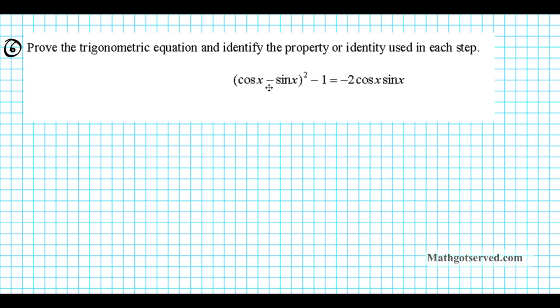So we can express it as cosine x minus sine x times what? Times itself. That's what squaring is, right? Times cosine x minus sine x, minus 1. The question is, is it equal to 2 cosine x sine x?